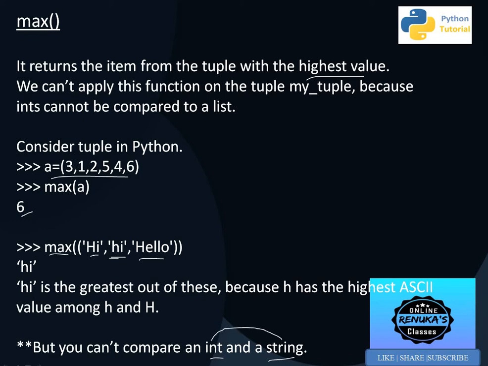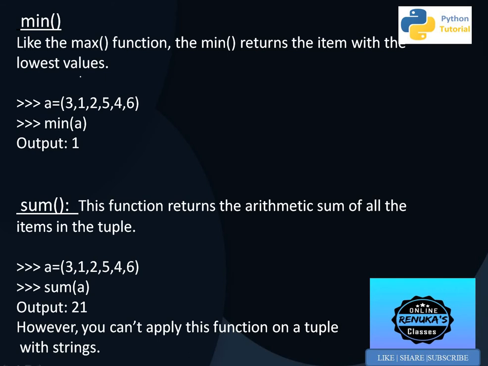So if a tuple has mixed values, the maximum function cannot help find the largest value. Then comes the minimum function. It works the same way, but it returns the lowest value.